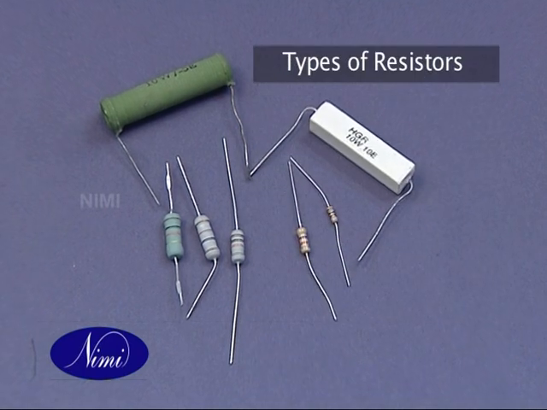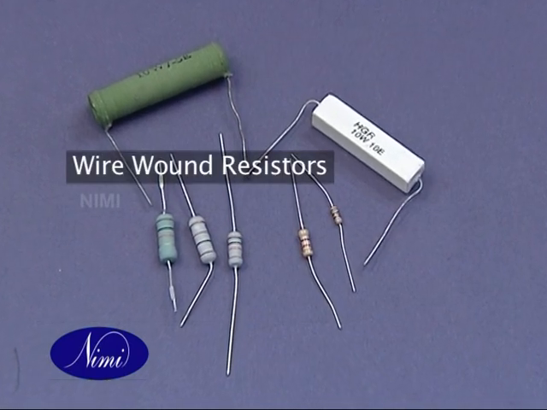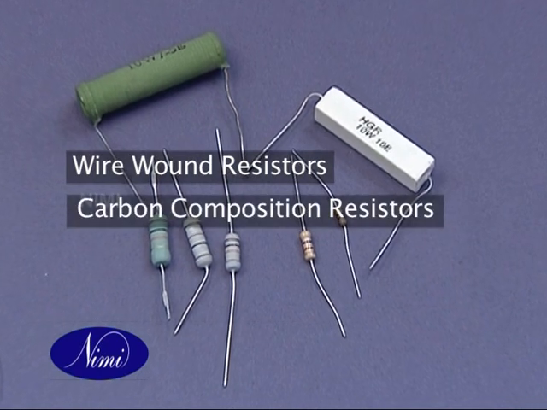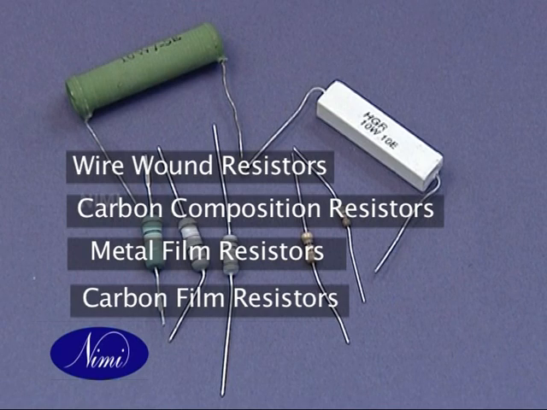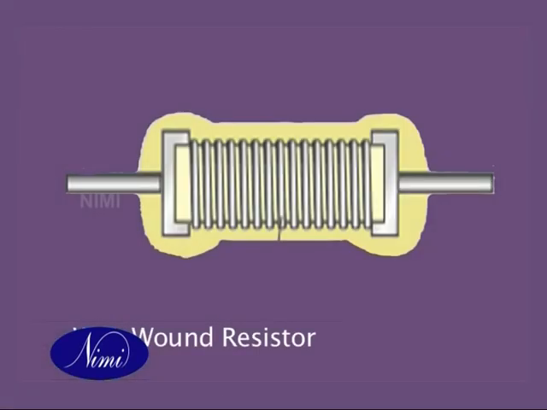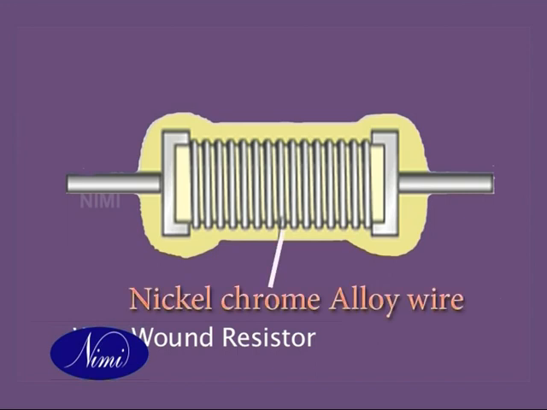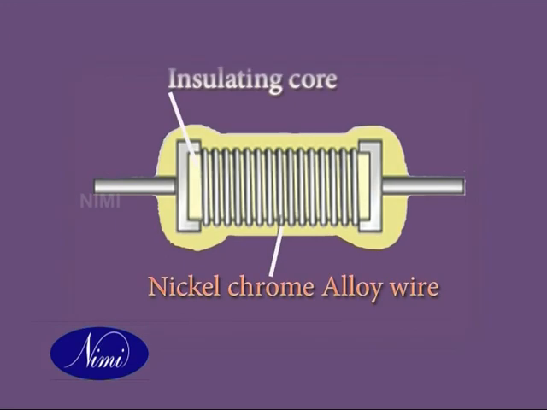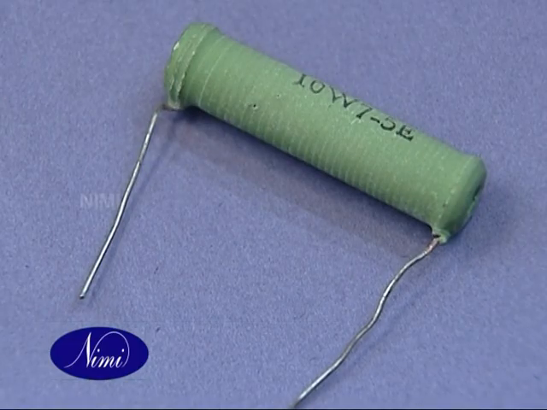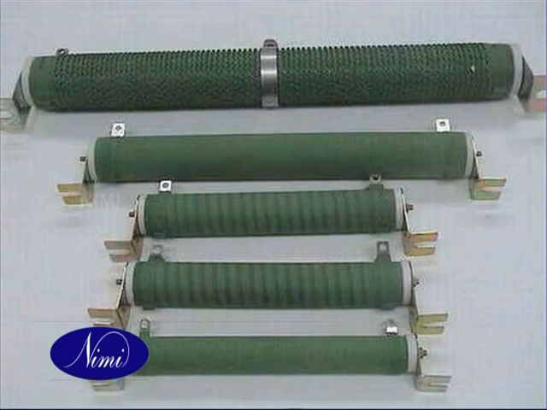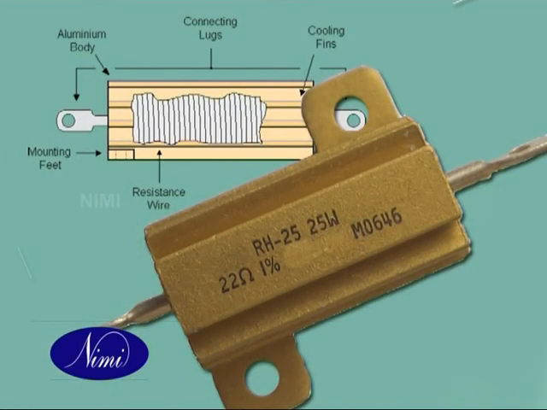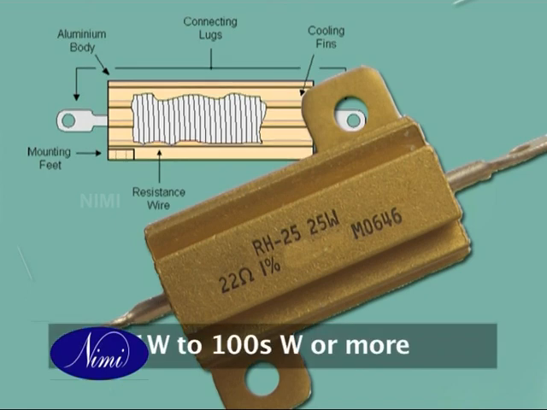There are 4 types of resistors: wire wound resistors, carbon composition resistors, metal film resistors, and carbon film resistors. Wire wound resistors are made of nickel chrome alloy wrapped around an insulating core such as ceramic porcelain, bakelite, pressed paper, etc. They are used for high current applications and are available in wattage ratings from 1 to 100 watts or more.